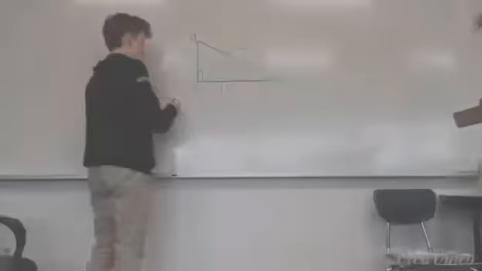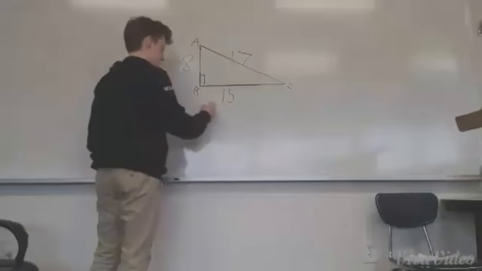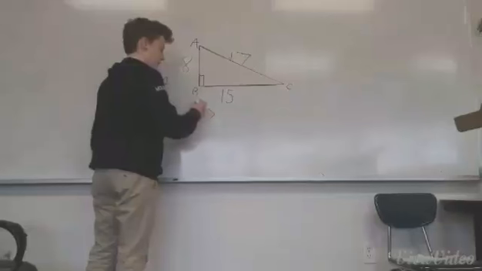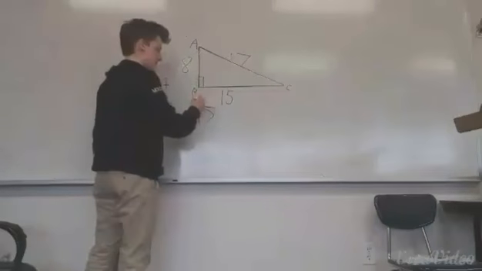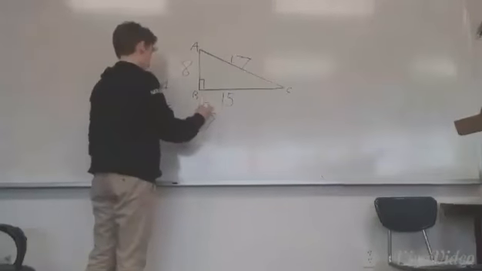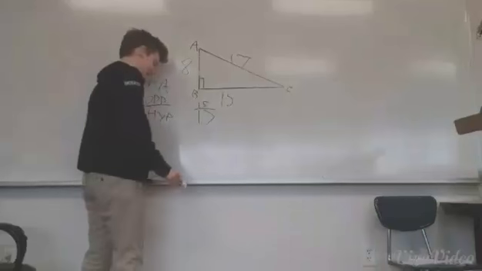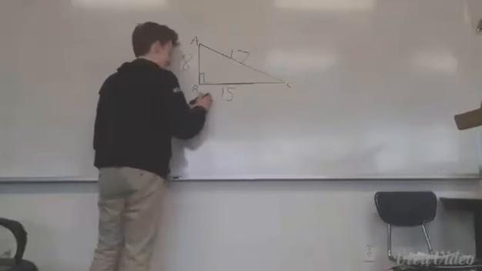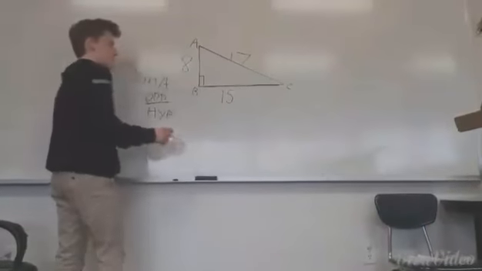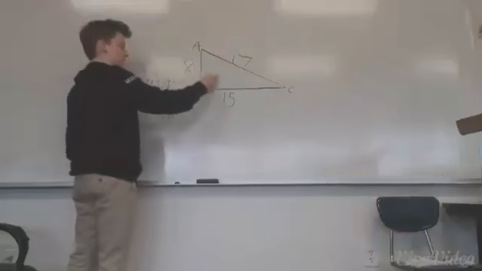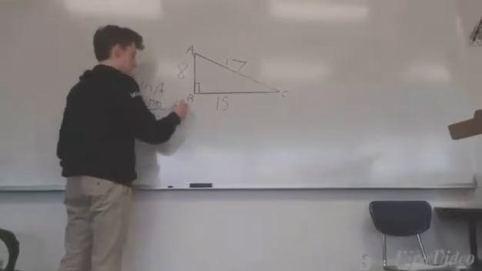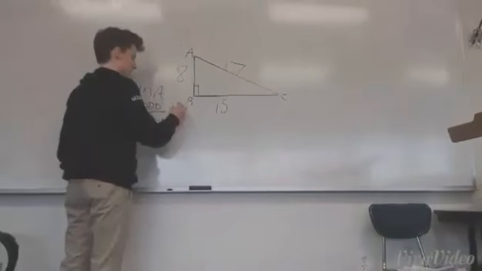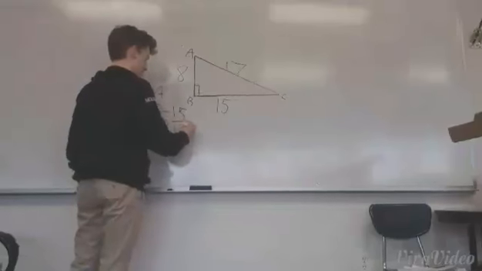Are you serious? Hypotenuse. 17 is the hypotenuse. And then 15 is the opposite. So, my bad for that. So far we have 15 over 17, the opposite over hypotenuse, which is 17.